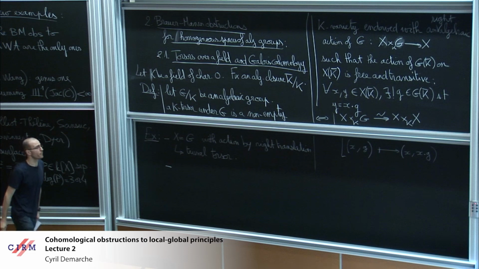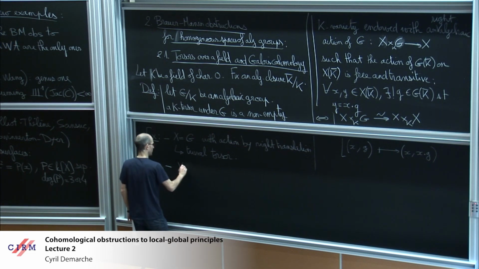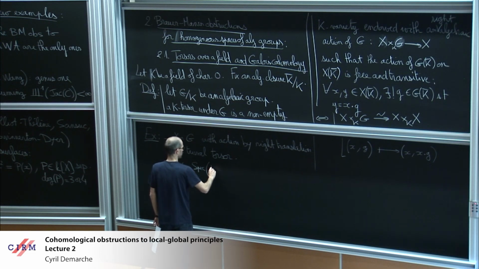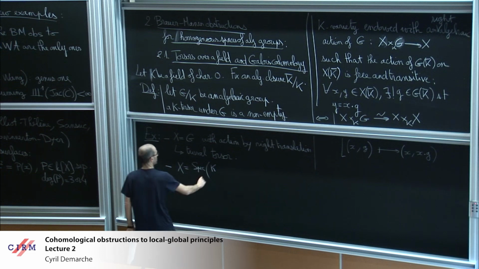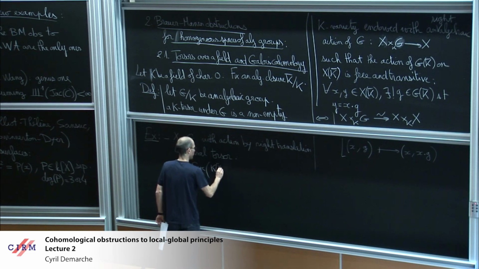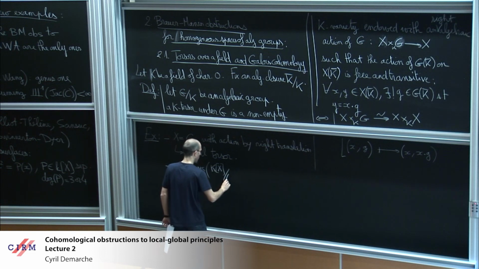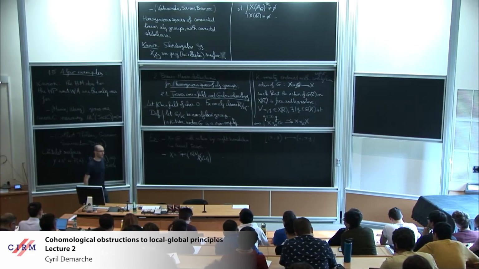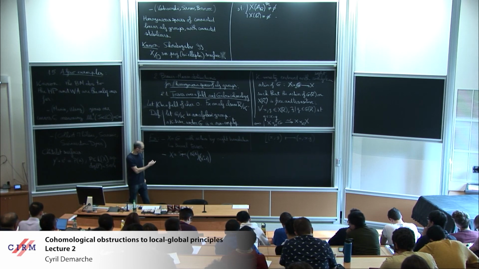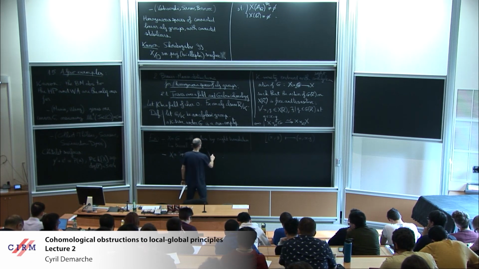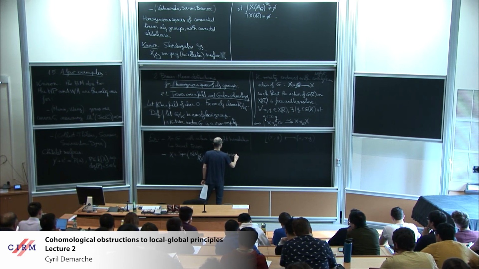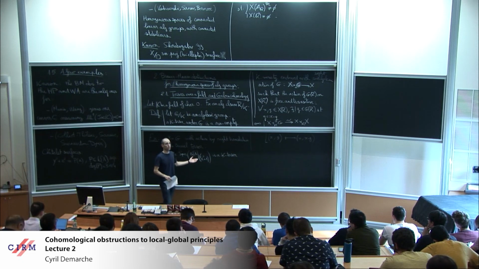Second example, consider this variety: the square roots of -1 in k. This is a natural K-torsor under mu2.